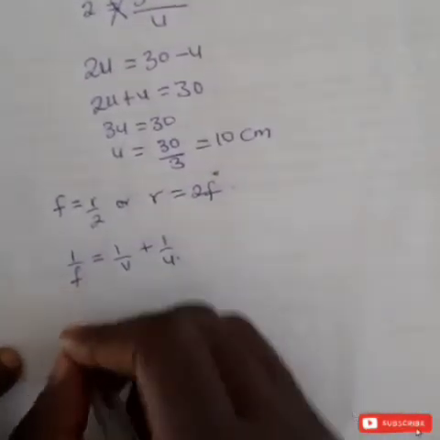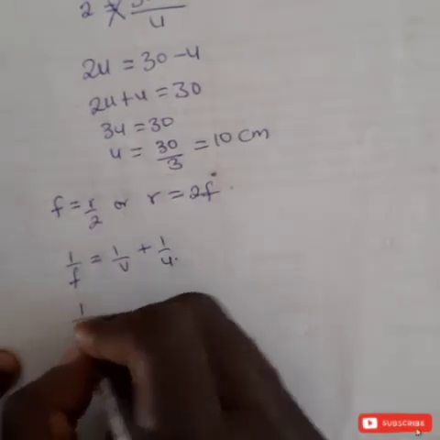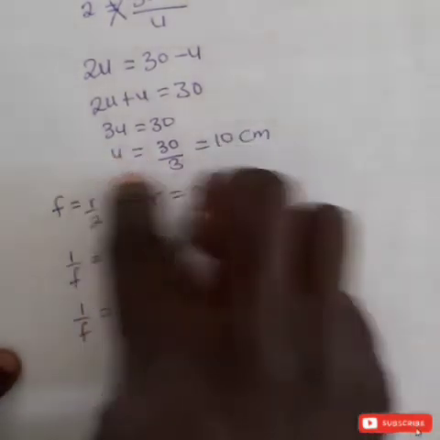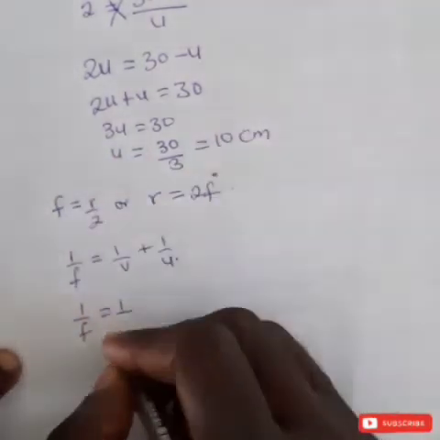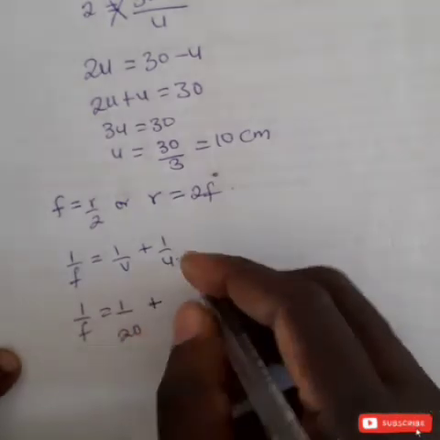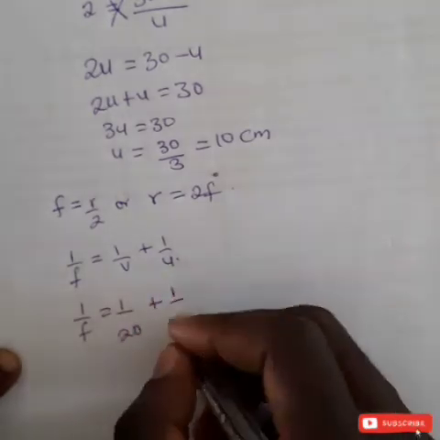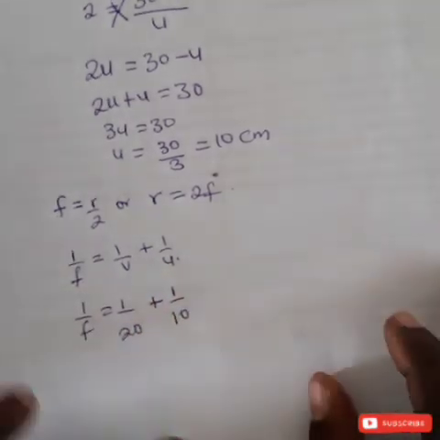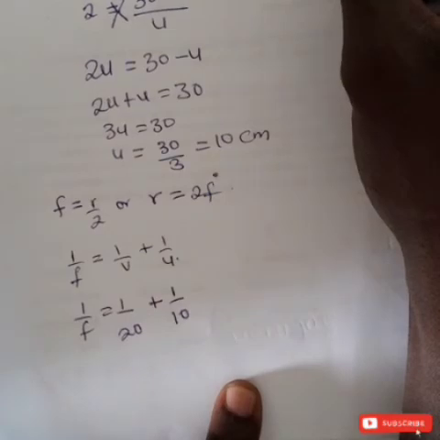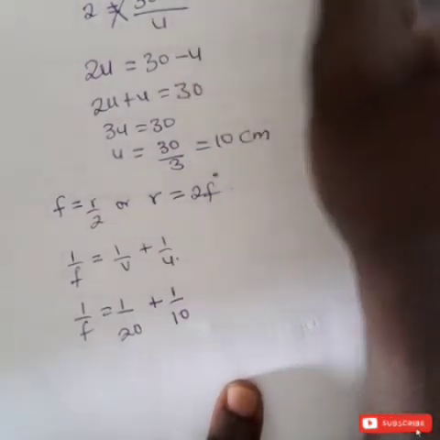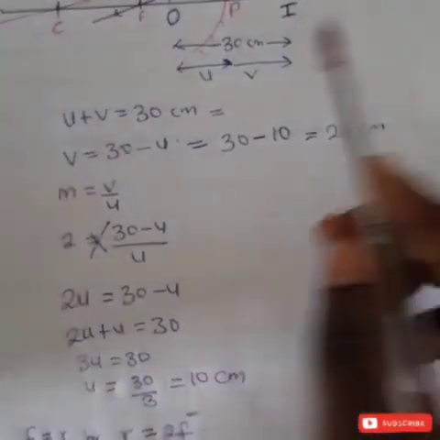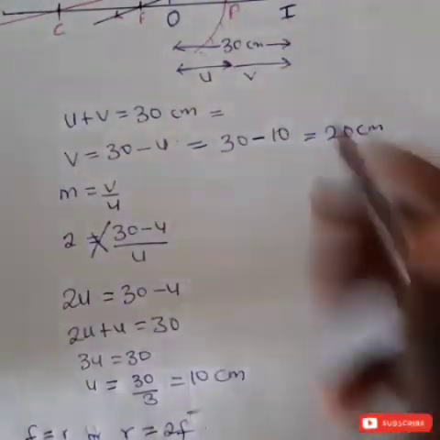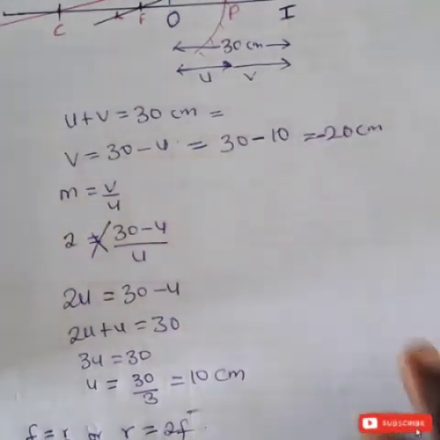So I'm going to have 1 over F equals 1 over 20 plus 1 over 10. But remember that the image is virtual, it is on the other side. For that reason, this is going to be minus 20.